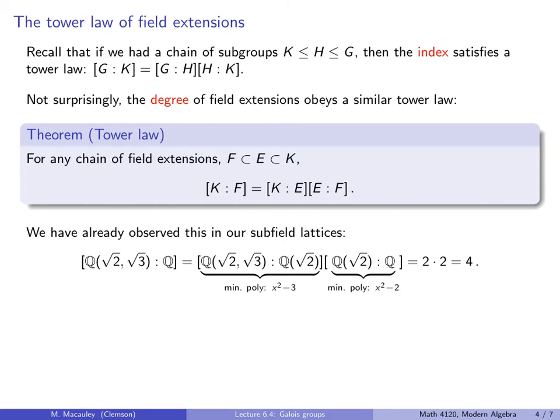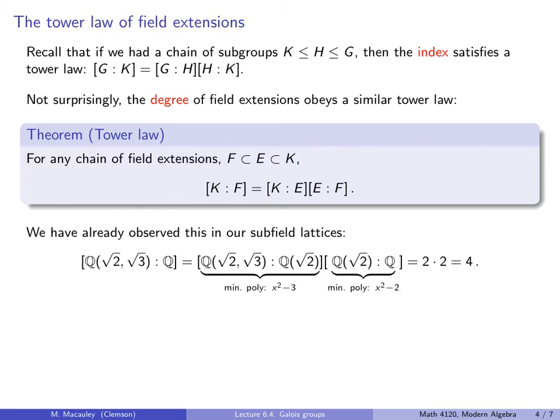Let me write this up formally now instead of just pictures. So the degree of the field extension Q adjoined root 2 and root 3 over Q is equal to the product of the degree of Q adjoined root 2 and root 3 over Q adjoined root 2, times the degree of Q adjoined root 2 over Q. And each of these has degree 2 because these extension fields are achieved by adjoining the root of a degree 2 polynomial.